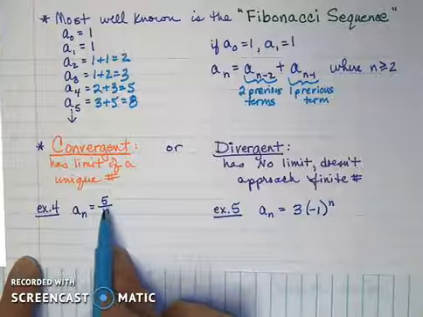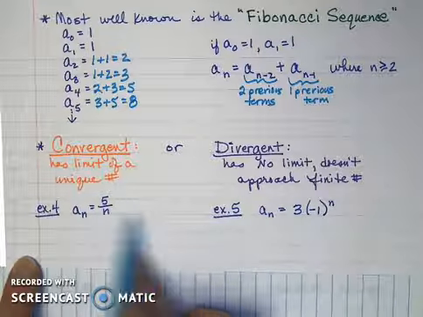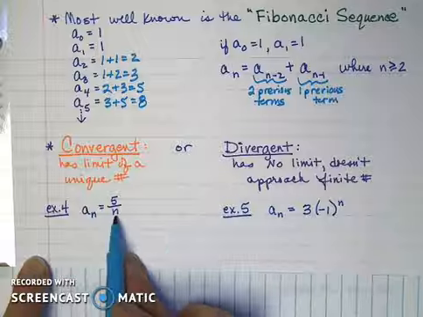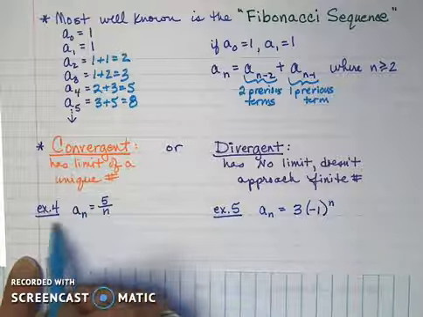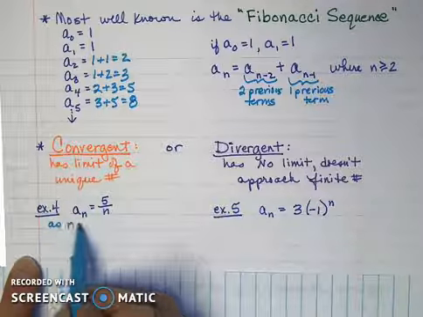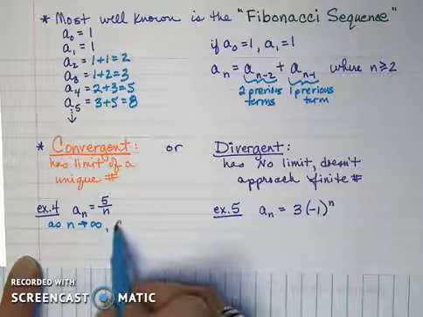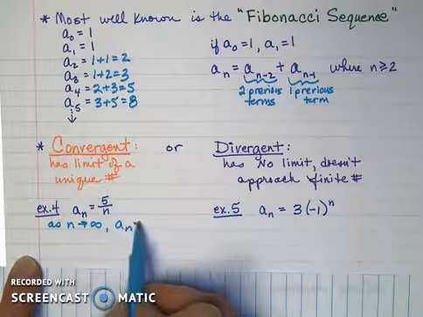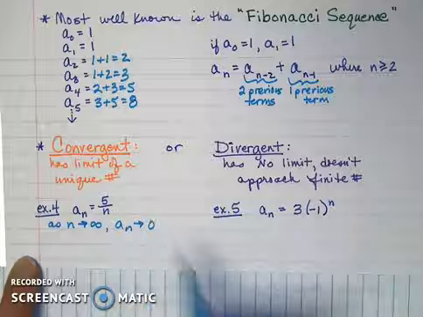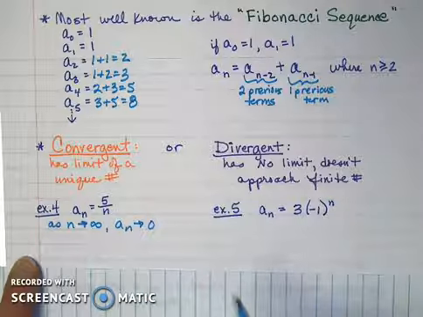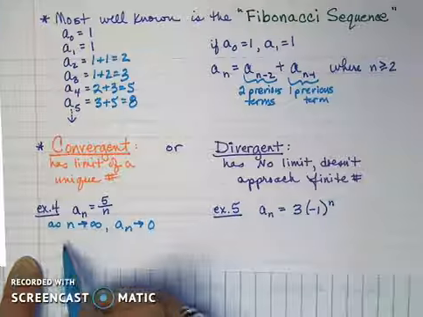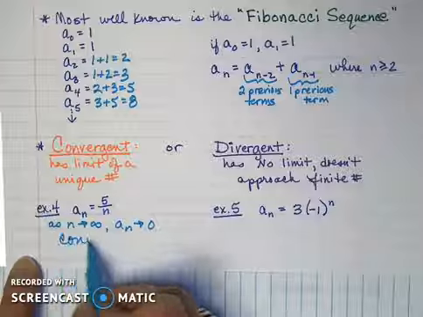You're getting smaller as n is huge. As n approaches a huge number, infinity, the term will approach 0. And it is approaching the unique number of 0, so we say that this one is convergent.